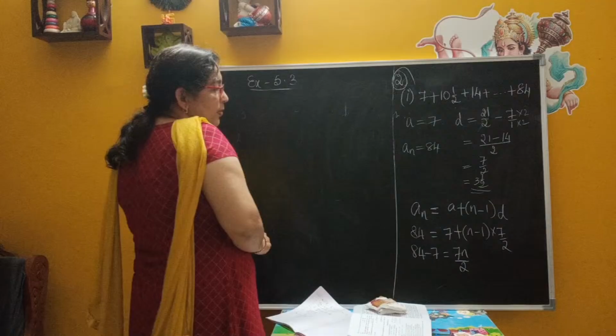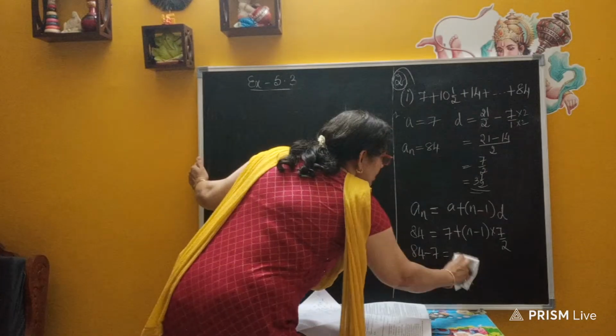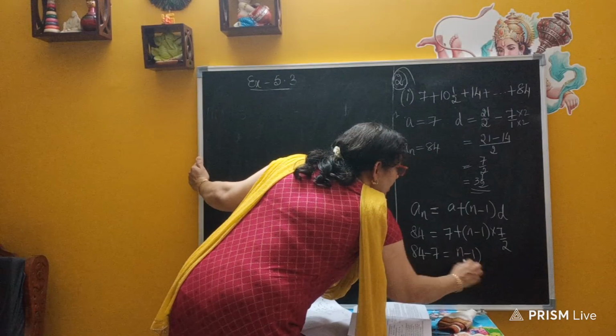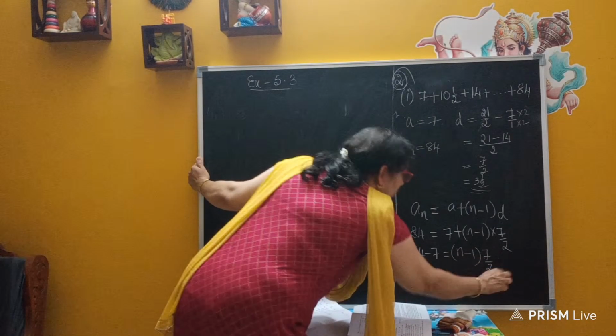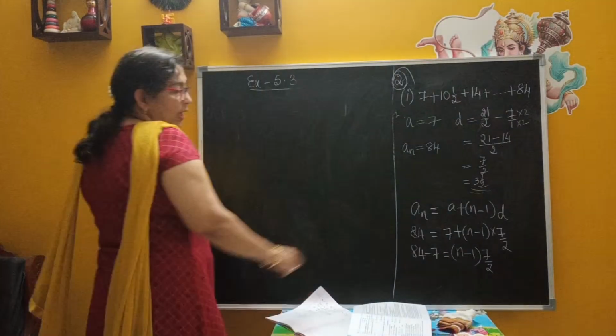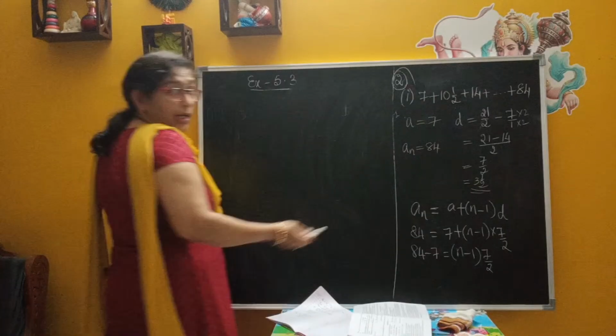7N by 2. Or yes, we can now solve in another method also. Easily we can solve. That is (N minus 1) into 7 by 2. Now let us keep N minus 1 here itself and bring this 7 by 2 to the LHS.